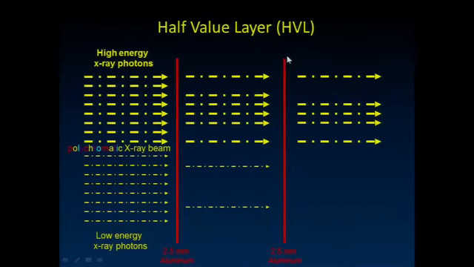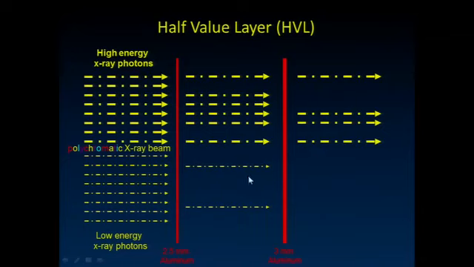So now we put another 2.5 millimeters of aluminum in front of that, and notice that now we don't drop the intensity of this X-ray beam by half. It's not quite dropped in half anymore because of this preponderance of the higher energy X-rays. When you have a polychromatic X-ray beam, the second half value layer is always greater than the first, because with a polychromatic X-ray beam, we preferentially take out lower energy X-rays.